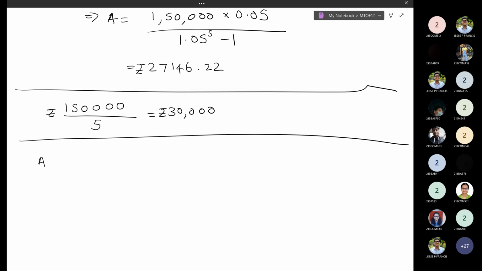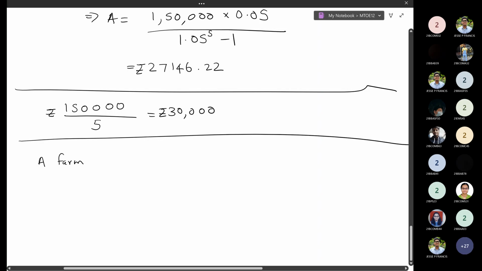Okay. So I'll give you one more question. A farmer just bought a tractor, which has a life of 10 years.